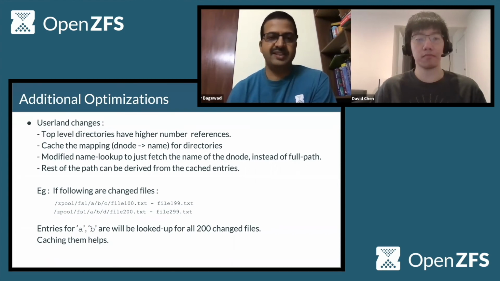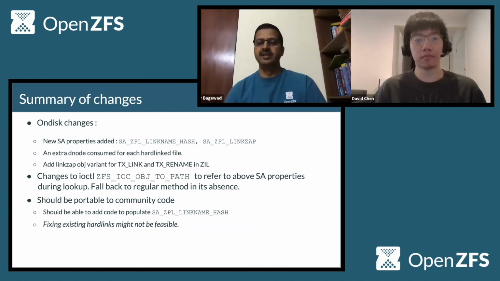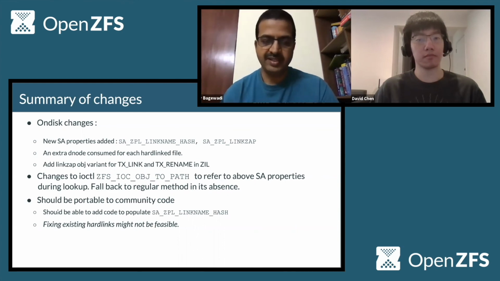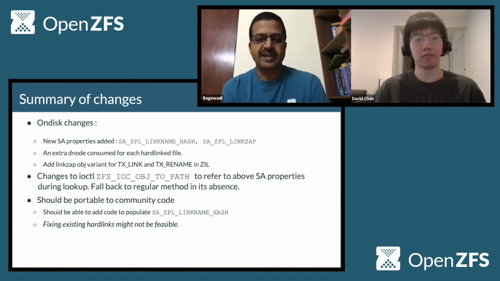So what did this fetch us? Or rather, before we get to that, the summary of changes is in here, but what did it really fetch us? So initial implementation was in Python, which was fairly simple to get going. And it reduced the time from 60 minutes to about, I think about 15 minutes or 10 minutes.